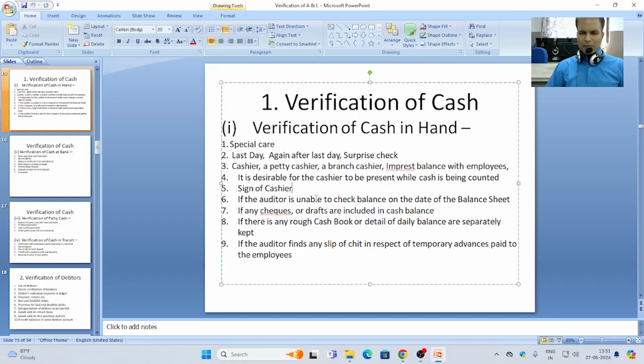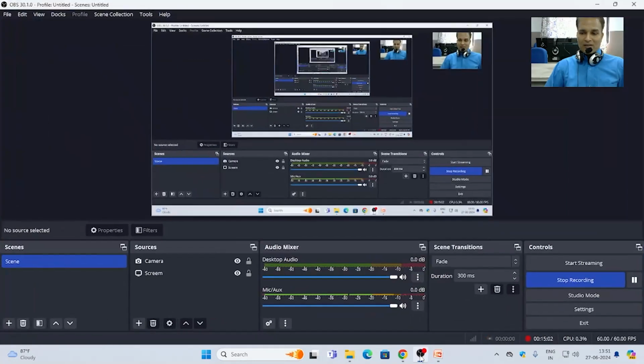Many times it happens that the auditor is unable to check the balance on the date of the balance sheet. Then he has to suggest to the cashier that the cashier should deposit all the amount in the bank and provide the pay-in slip as the proof of cash balance.